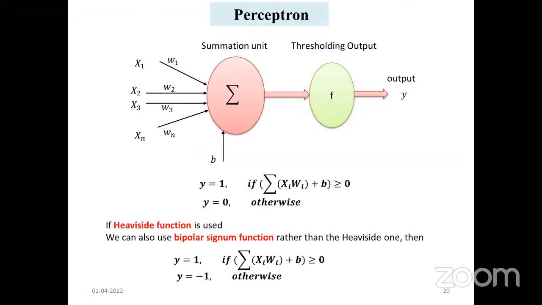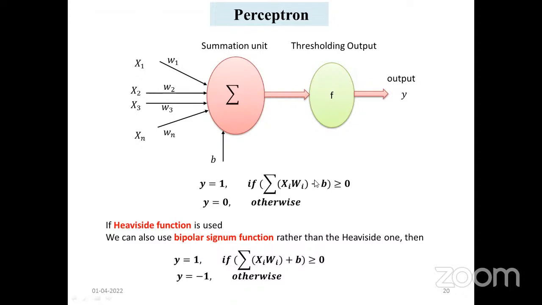So now we're coming here. In the case of perceptron learning, we generally use simple activation functions in most cases. If we use the Heaviside activation function, that is actually called the binary sigmoid. This is the unipolar signum activation function. If we use that signum activation function, then the output can be either 0 or 1. How? Based on these values.